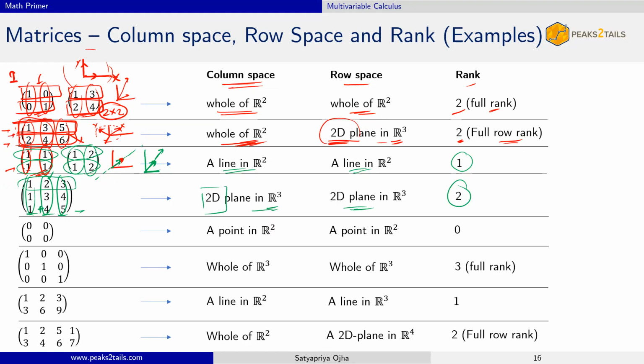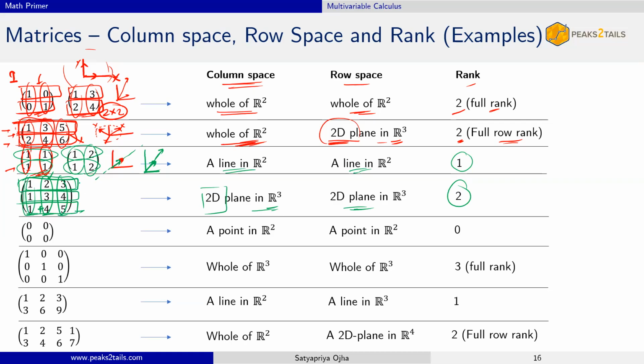Okay, if you look at row wise also, we have 1, 2, 3, 1, 3, 4, and 1, 4, 5. How many linearly independent rows are there? It's hard to see.